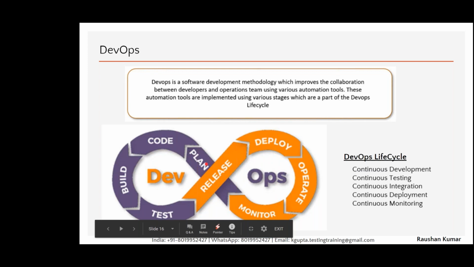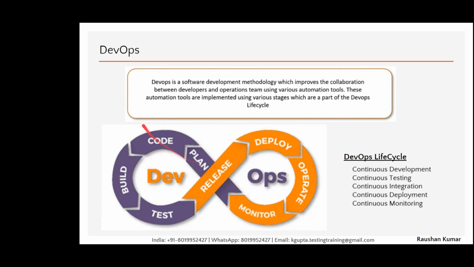So when we have plan, code, and build, that's called the continuous development phase. The developers write the code and they have a central repository like GitHub or Bitbucket, it could be anything. We'll take GitHub as our example here.